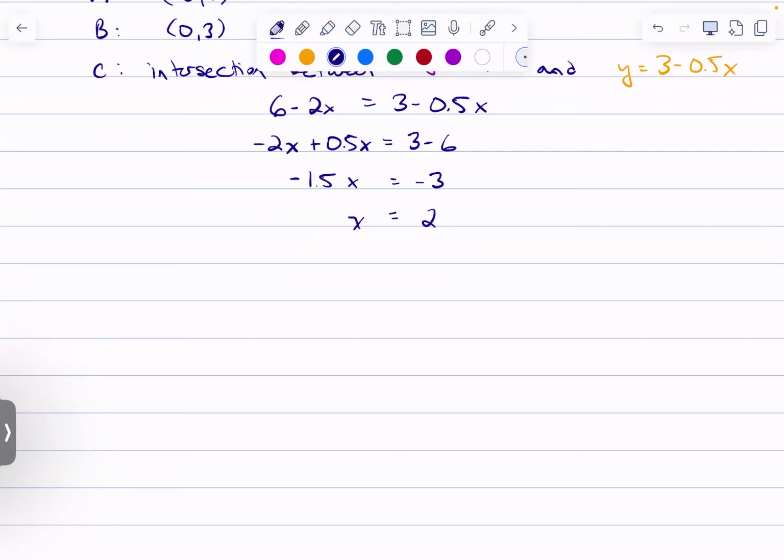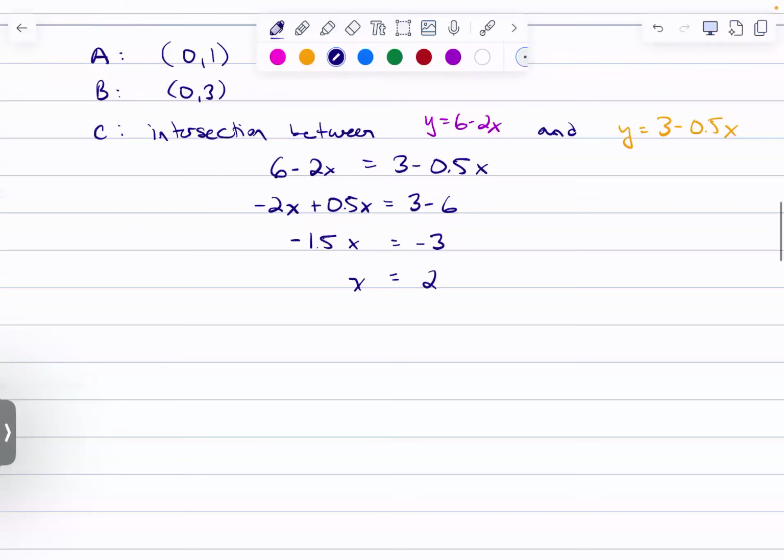So now you can use either one of these lines to figure out what the y value is. You could even use both just to make sure you've got the same value. Sorry, was there a question or no? You're allowed to have your hands up, but if you have a question, then stop me.